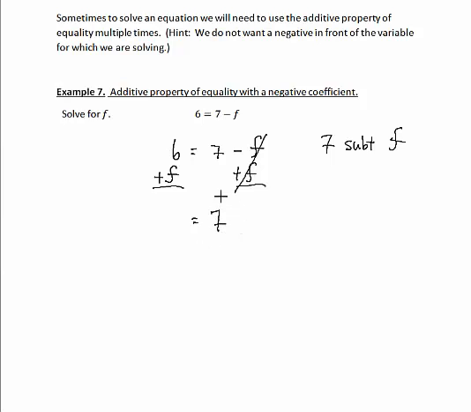So on the right hand side, I'm now left with the 7 only, and on the left hand side I now have a positive in front of my f. So I can write this as positive f plus 6. I cannot combine the f and the 6 because, as we talked about earlier, these are not like terms. The 6 does not have an f variable.